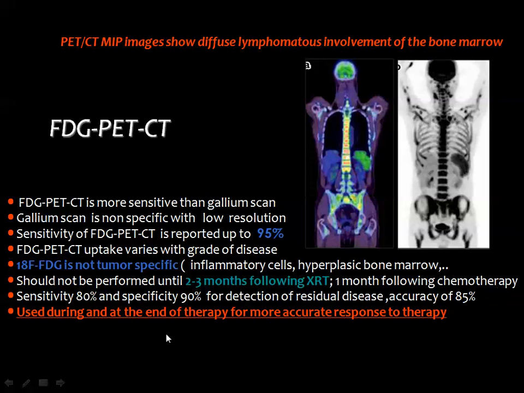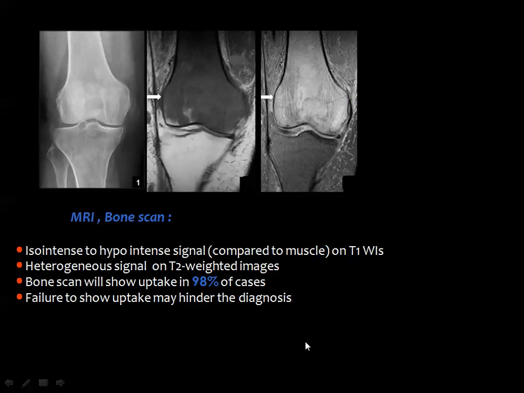But some of the literature indicates that you can use PET-CT at the end of therapy immediately or even during therapy to assess the response of the tumor to the introduced type of therapy. Then PET-CT is not specific for the diagnosis of lymphoma.